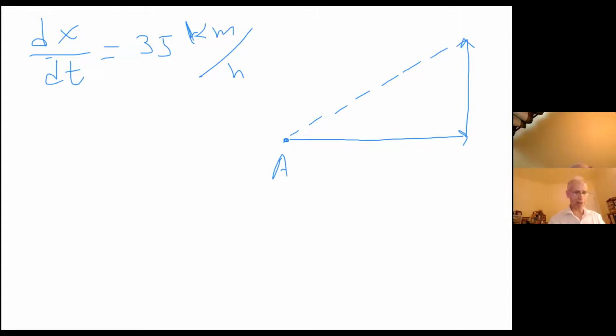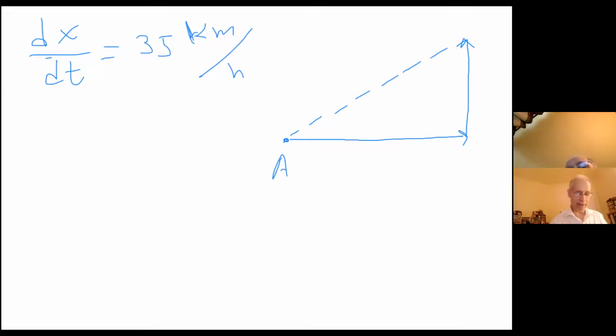Well, let's see. In the beginning, the problem is saying that ship A is 150 kilometers west of ship B. Ship A is sailing east at 35 kilometers per hour. Ship B is sailing north at 25 kilometers per hour.